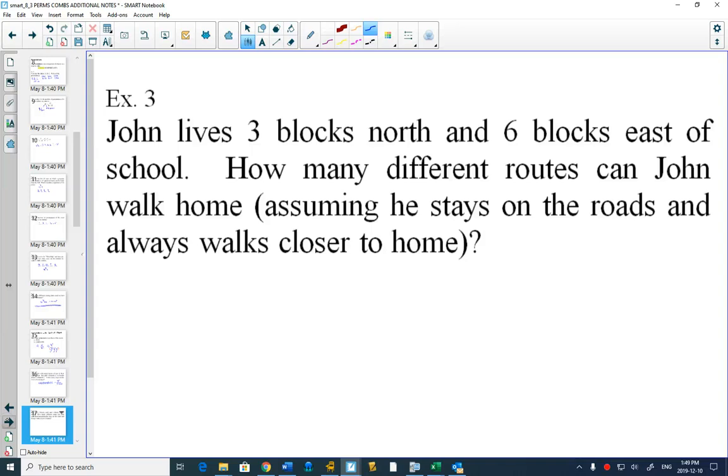And we've done one like this before. Okay, John lives 3 blocks north and 6 blocks east of school.